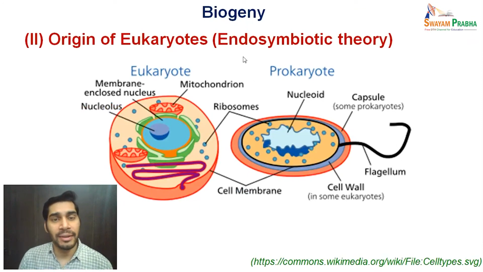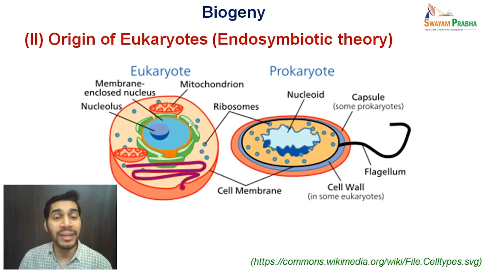Moving ahead, when we are aware that these kinds of cyanobacteria could have existed like this, the next question comes: how did the eukaryotes come into play from these prokaryotic organisms? I would like you to just recall the difference between a eukaryotic cell and the prokaryotic ones.